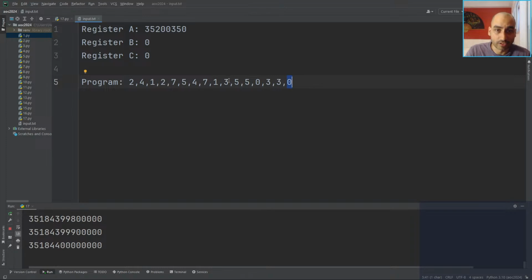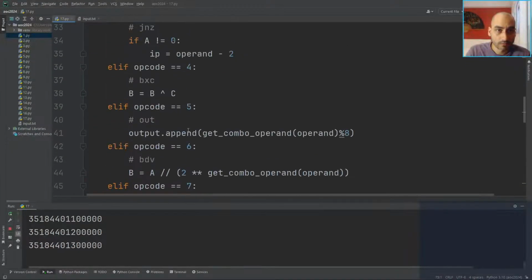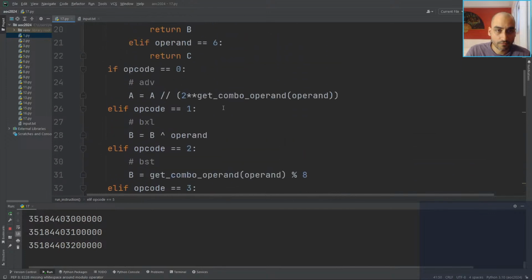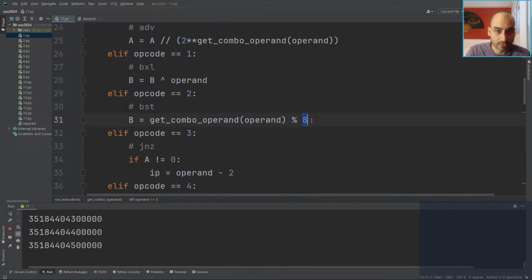It's the output condition, which is the 5-5. This outputs B modulo 8. And B is like one horrible number.